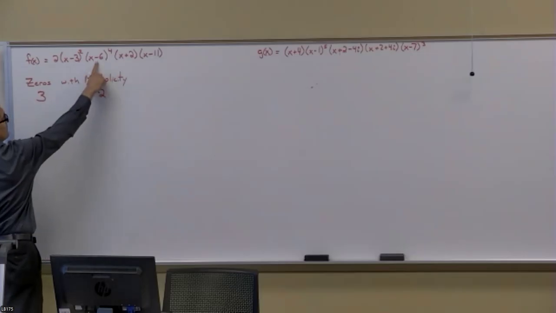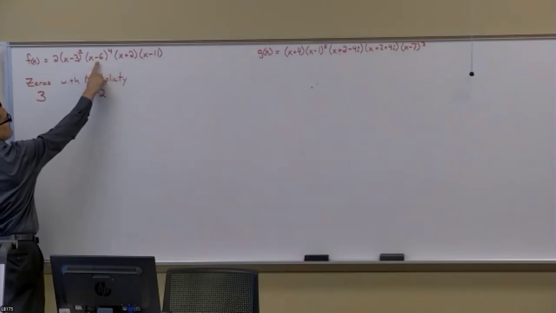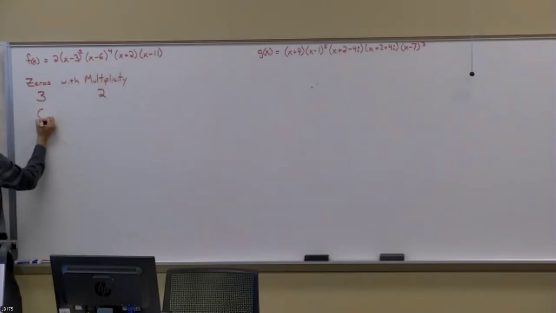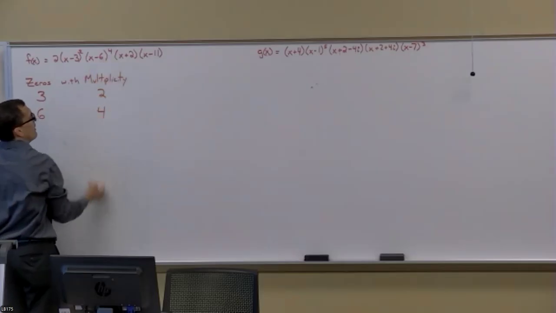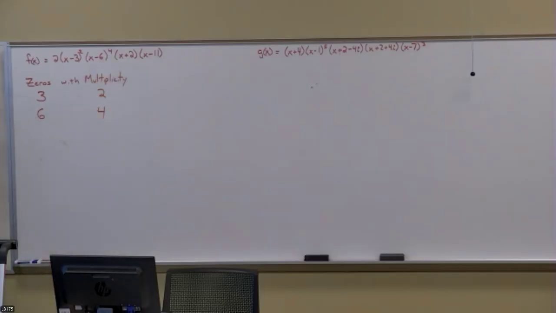This factor corresponds to a 0 of 6 with multiplicity of 4 because that factor occurred 4 times. Did I get that?